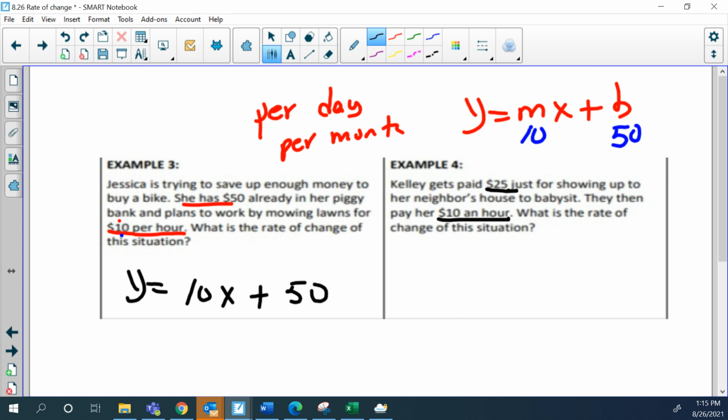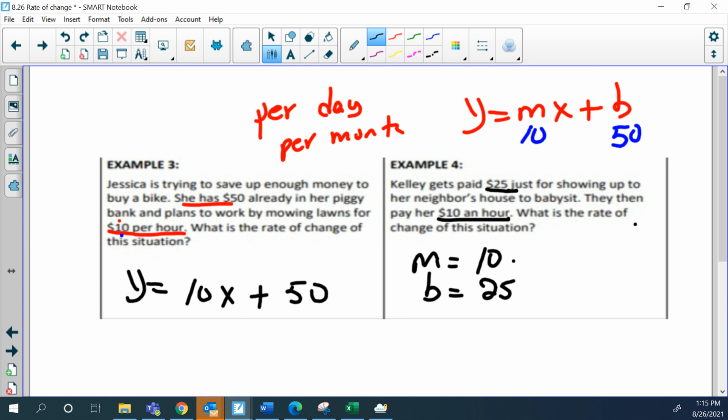So here we can see that M in the equation is going to be 10. And my initial value, the y-intercept, is going to be 25. So the question asks you what is the rate of change. That's going to be $10 an hour.